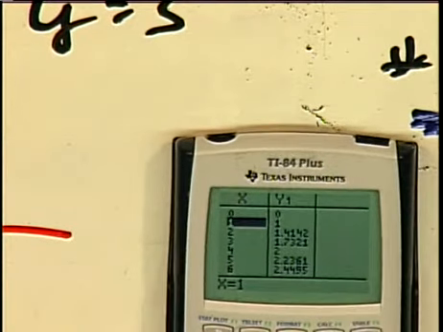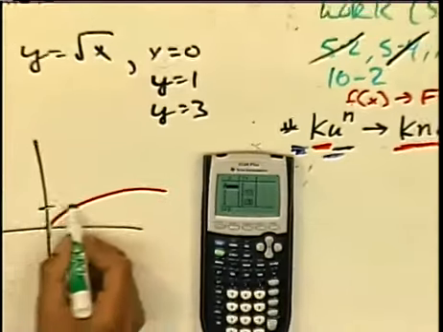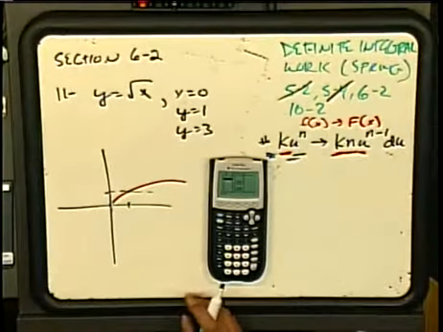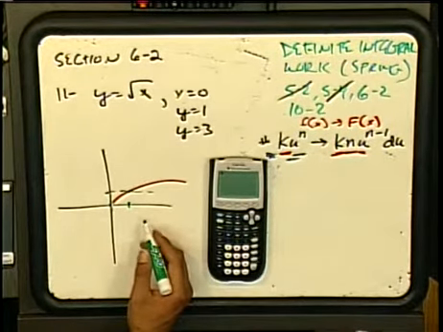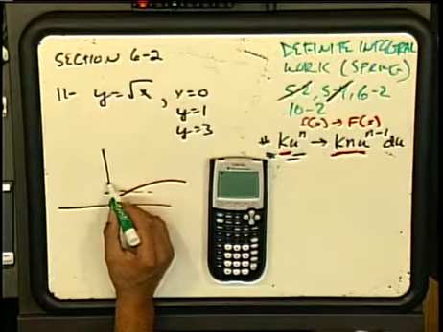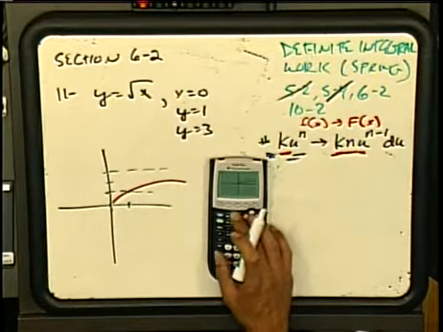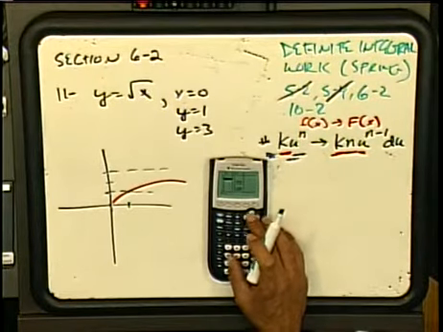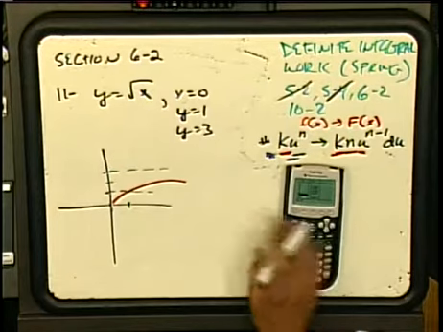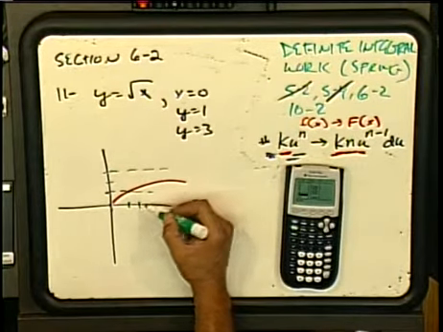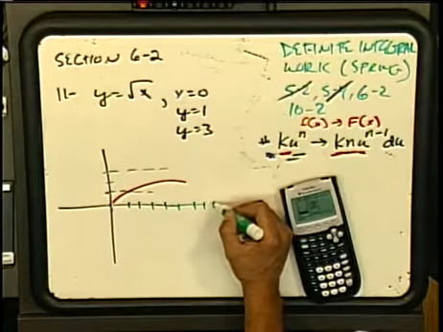Y equals 1 at x equals 1. And y equals 3 is up here, 2, 3. Y equals 3 at x equals 9. 3, 4, 5, 6, 7, 8, 9.